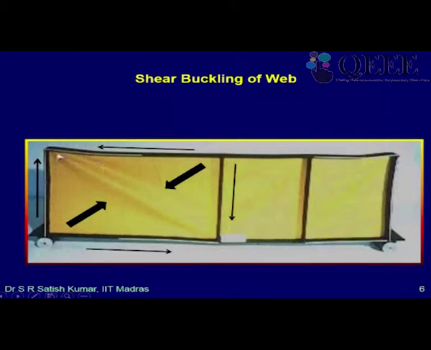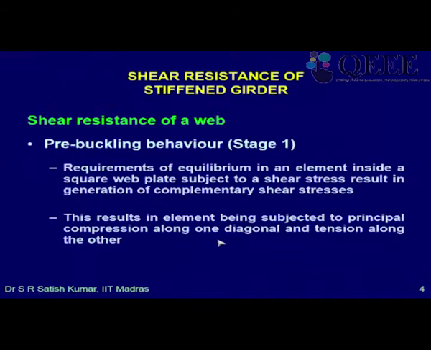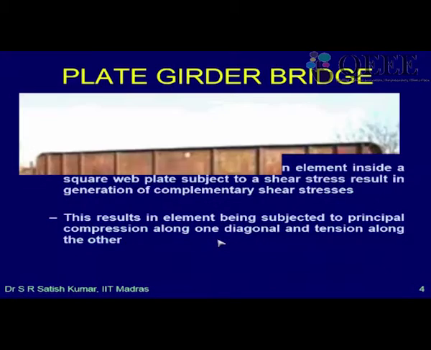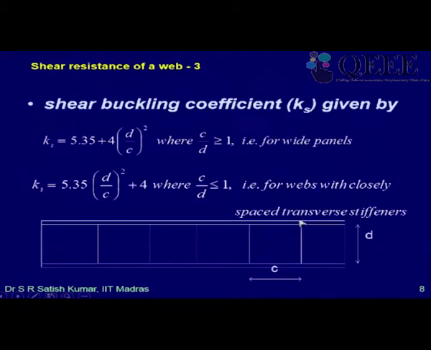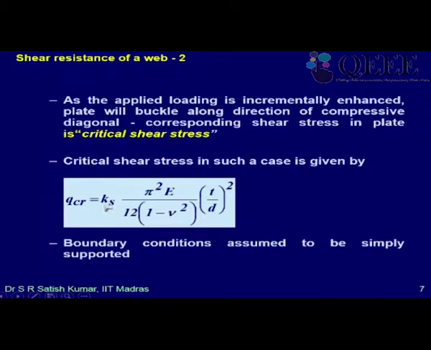So they cut the depth of the panel, and as a consequence increase the tau critical. If I provide transverse stiffeners at a spacing C, my Ks will increase depending on what C I am providing, and as a consequence of increasing Ks, my tau critical will increase. That is the major role that they play.